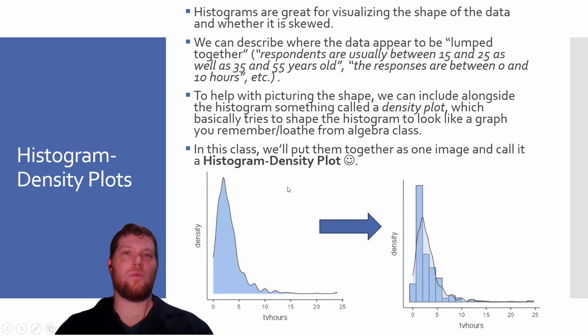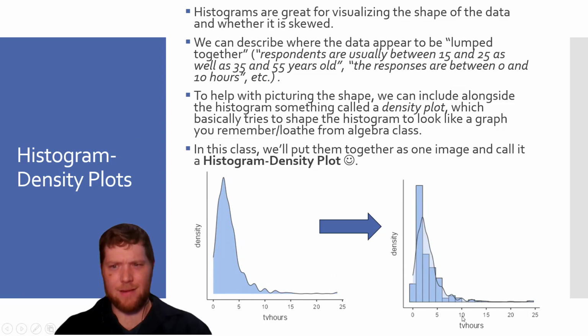Now, we'll often want to see how things get put together. Sometimes they'll lump together 15 to 25 and 35 to 55-year-olds, so we could see how those things are put together. Responses are between 0 and 10 hours. In this case, it looks like 0 to 10 hours.